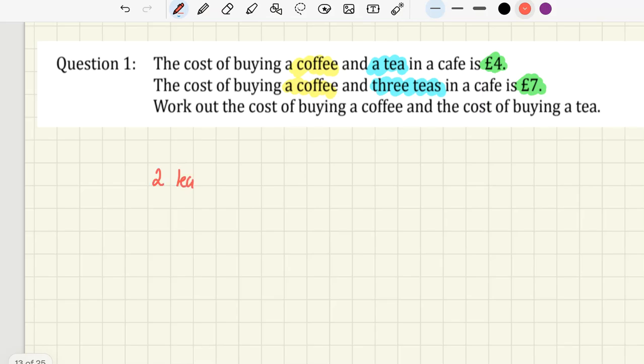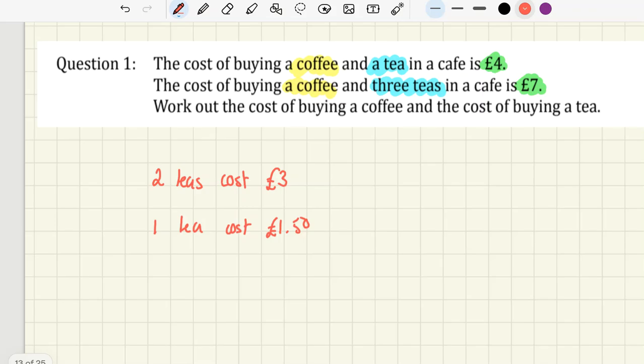So 2 teas cost £3, which means 1 tea costs £1.50. And if a coffee and a tea is £4, then obviously a coffee must be £2.50.